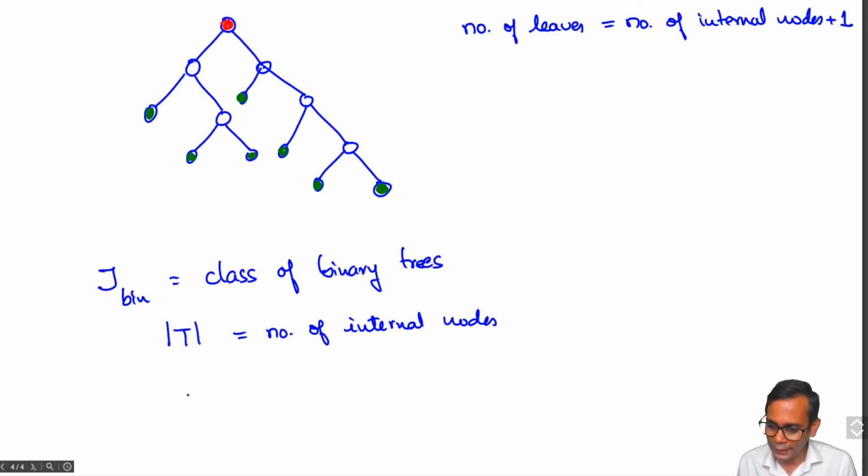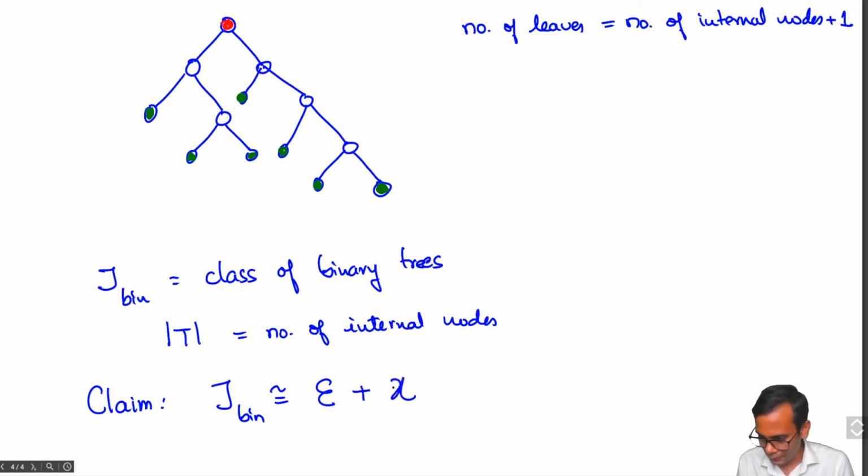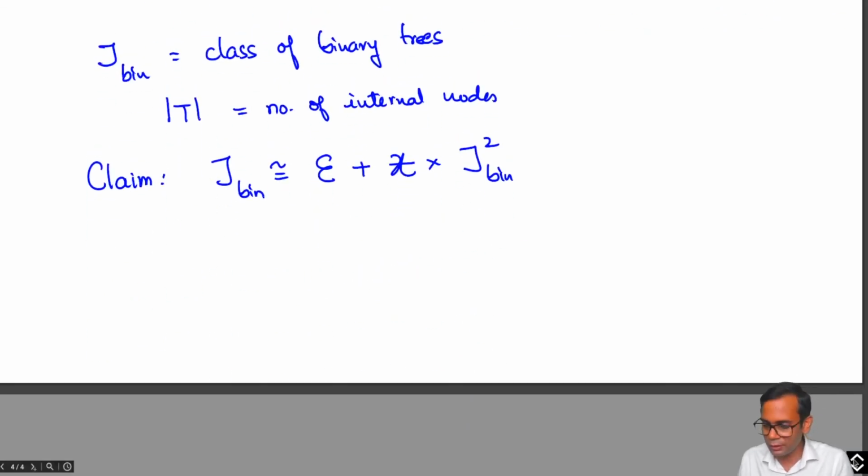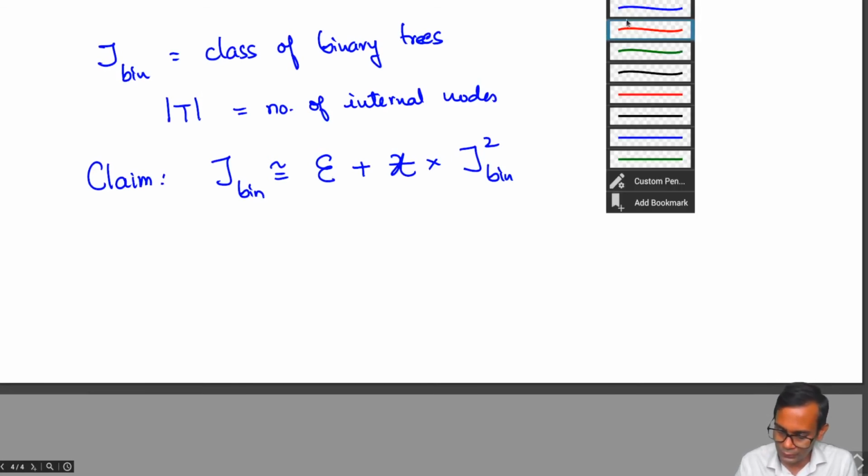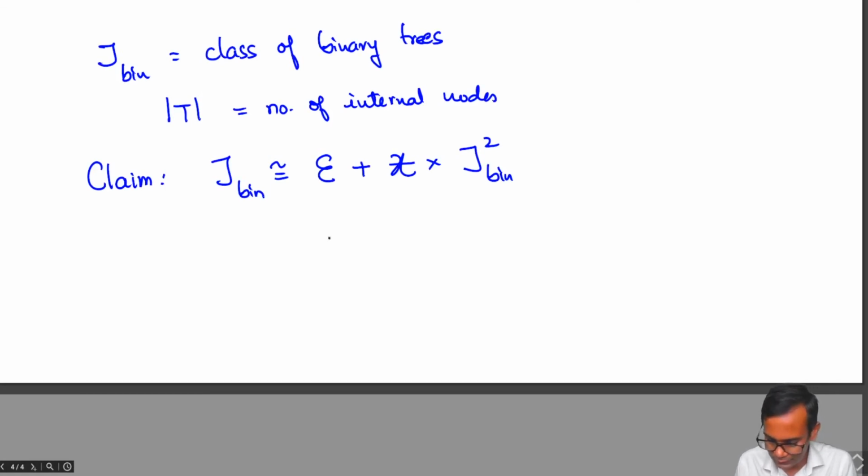Okay, and I claim that T_bin is isomorphic to epsilon, the class which has one object of size 0, plus x cross T_bin squared. This epsilon refers to the tree with just one node, which is the root, and since the root is also a leaf in this case, this just corresponds to this tree with just one node, which is the root. It has no internal nodes at all.